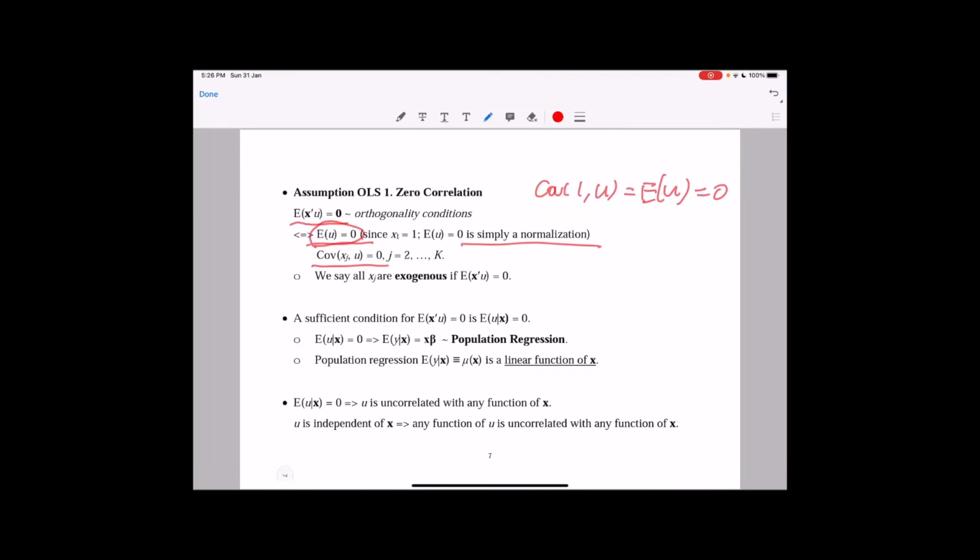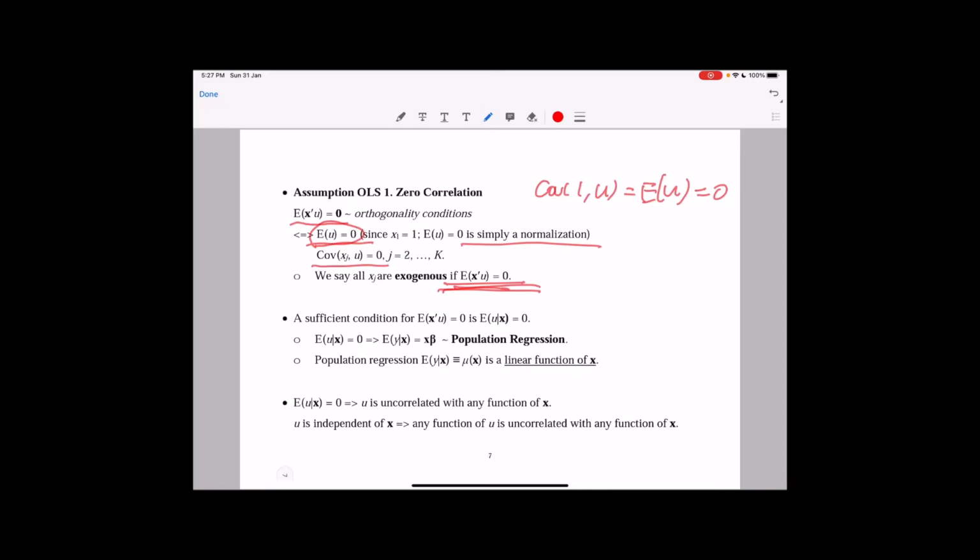We say all xj are exogenous if this condition holds, if the covariance between xj and the error term is 0, or more briefly, E[x'u] equals 0. They are orthogonal.